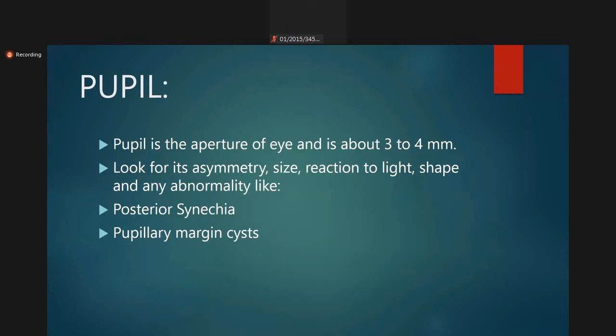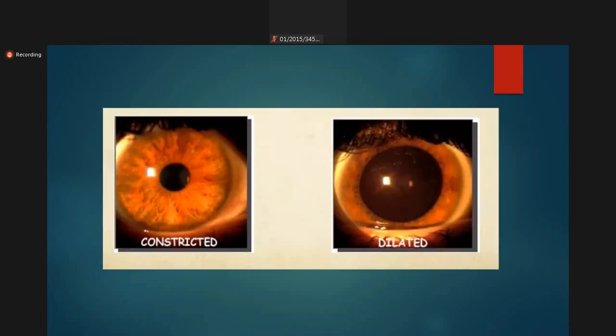The pupil is fixed, not reacting, small, and does not move with the light, does not constrict or dilate. This is 360-degree posterior synechia. You may find any pupillary margin cyst in other conditions also.